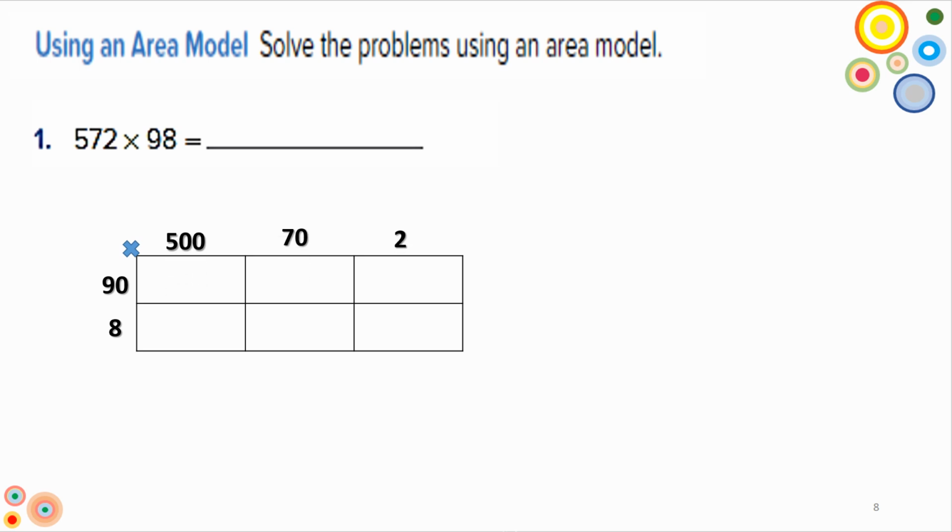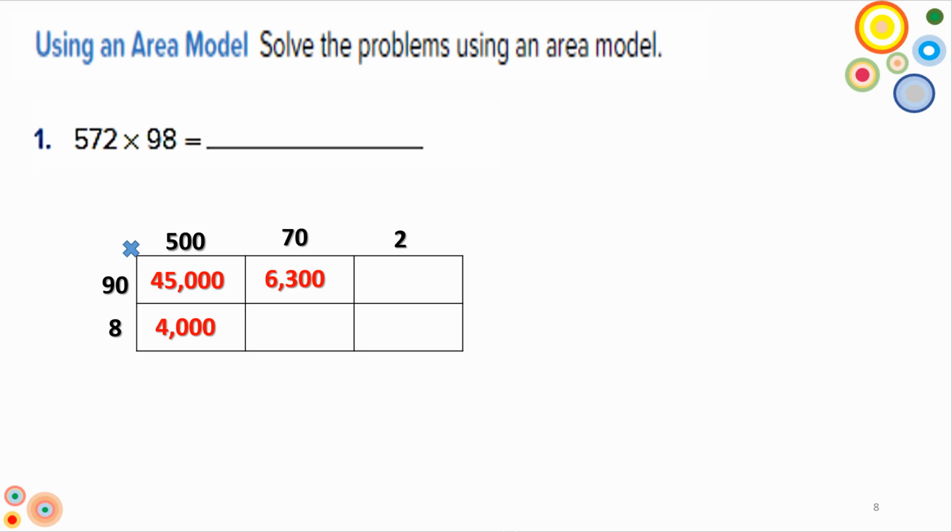Multiply each other. 9 times 5, 45, and drop 3 zeros. 8 times 5, it will be 40, and drop 2 zeros. 90 times 7, 63, and we have 0 in 70 and another 0 in 90. So drop now how many zeros? 2 zeros. One of them in 70 and the other one in 90.